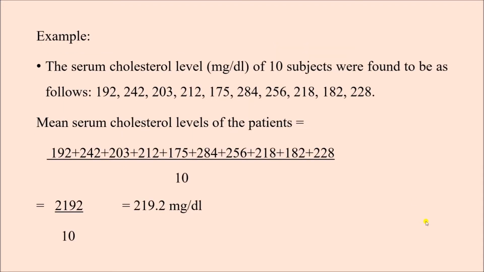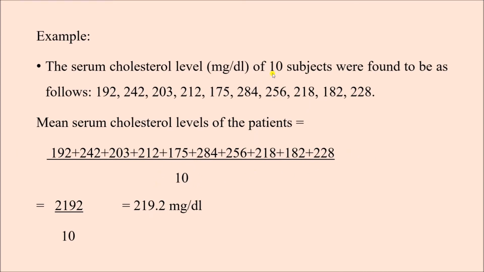Now this is an example of calculation of mean. The serum cholesterol level in milligram per dl of 10 subjects were found to be as follows. Then we have 10 values here. So what is the mean serum cholesterol level? In the numerator we have added all the 10 observations. So these individual values are my individual observations, and their values are added up, and it is divided by the total number of observations.